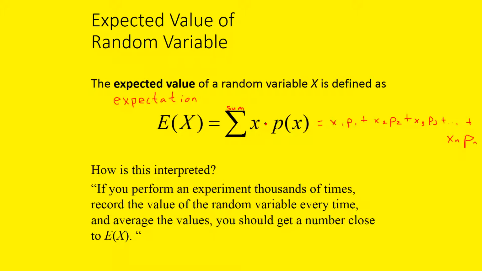Really, the way it should be interpreted is that if you perform the experiment infinitely many times, you get a theoretical probability, not an empirical probability.